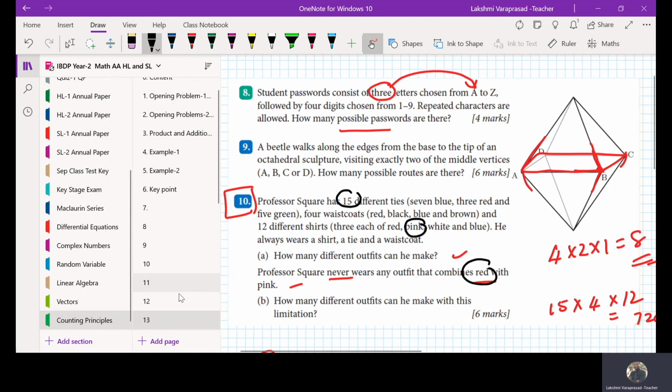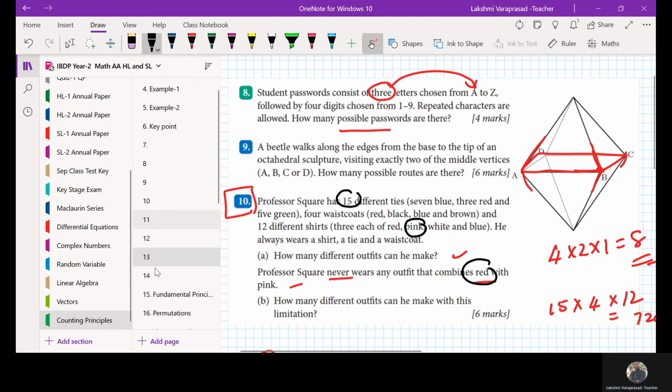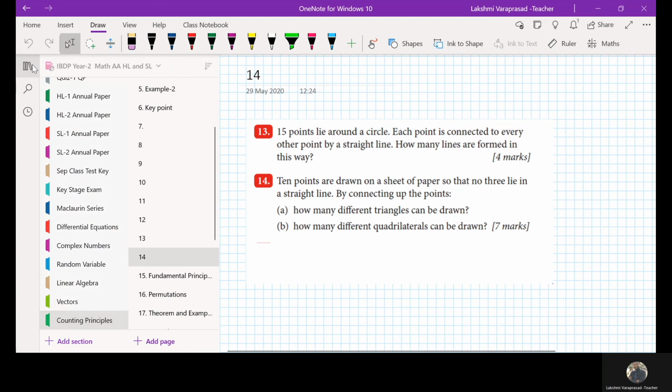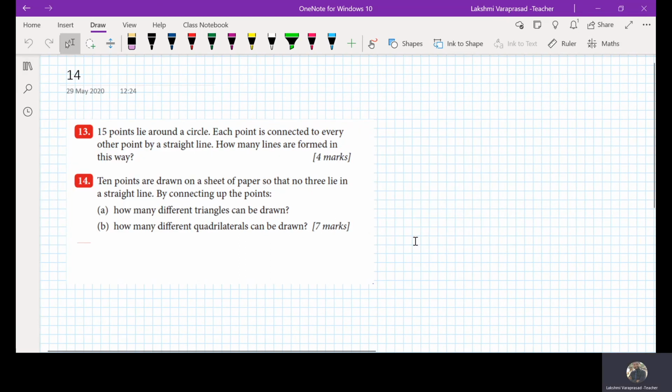And we look into the last question. So here the question says, it's a very interesting question. 15 points lie around a circle.